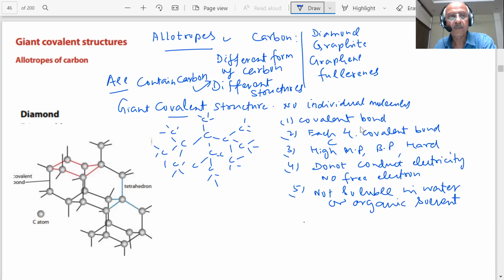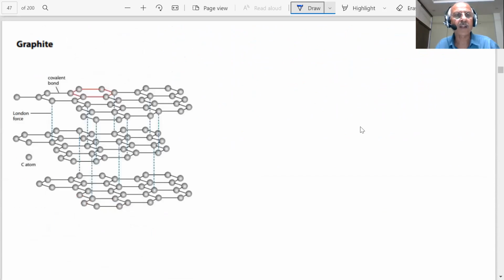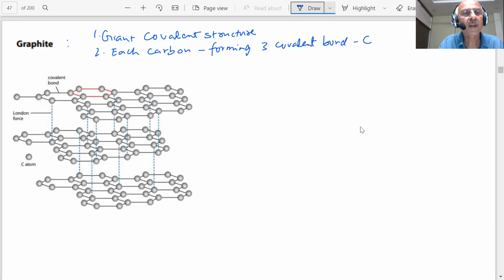Noted, students? Now we come to the allotrope of carbon, graphite. In graphite, it also has a giant covalent structure, but each carbon is forming three covalent bonds with other carbons.